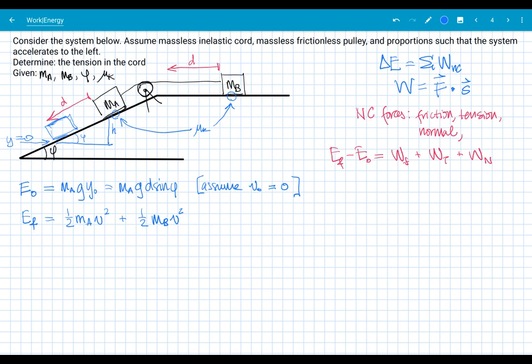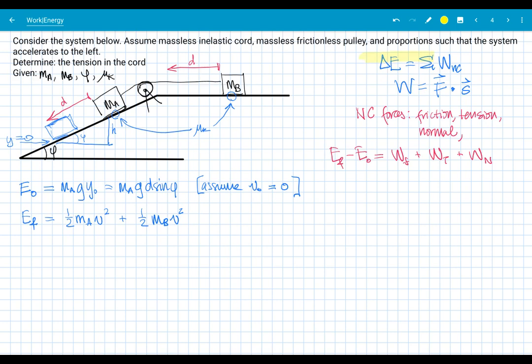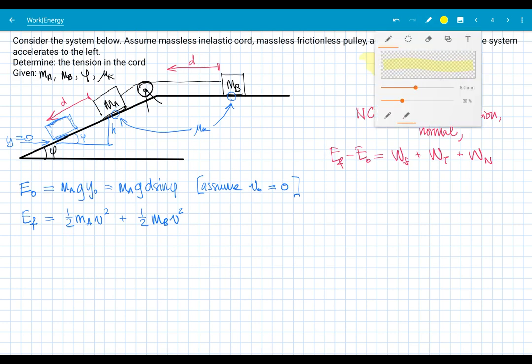I always start there, right? By trying to wrap my head around the initial and final energies and therefore completing the left-hand side of the energy analysis equation. So keep in mind that this energy analysis equation, that's what's guiding our work as we proceed through these problems using energy analysis as our approach.